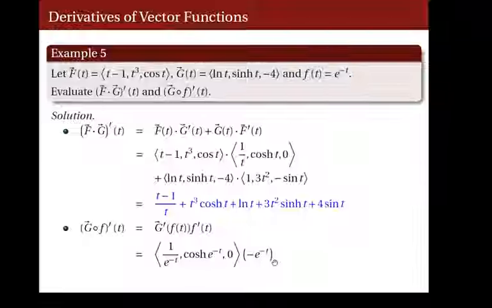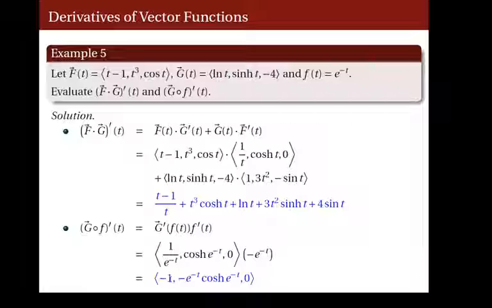So finally, we get as our derivative the function obtained after distributing negative e to the negative t to the first coordinate and multiplying this factor to the second coordinate. We get negative 1, negative e to the negative t cos of e to the negative t, 0.